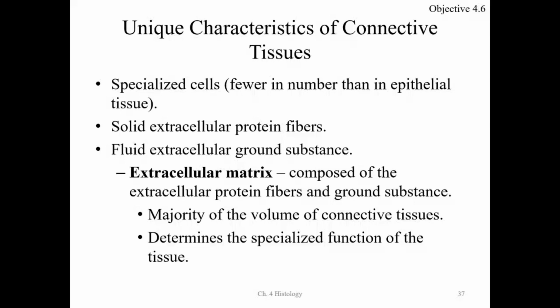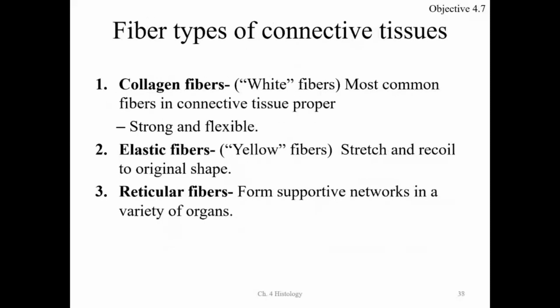Okay, now what I want to also help you guys understand is the fibers that can make this up. We said that fibers help make it. Well, the fibers that help to make it, they can be collagen fibers. That is sometimes called white fibers. They are by far the most common in connective tissue.